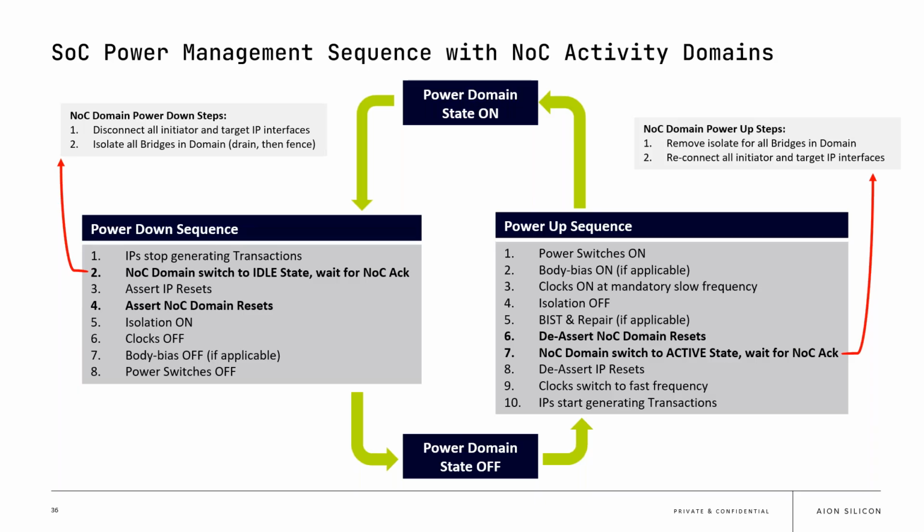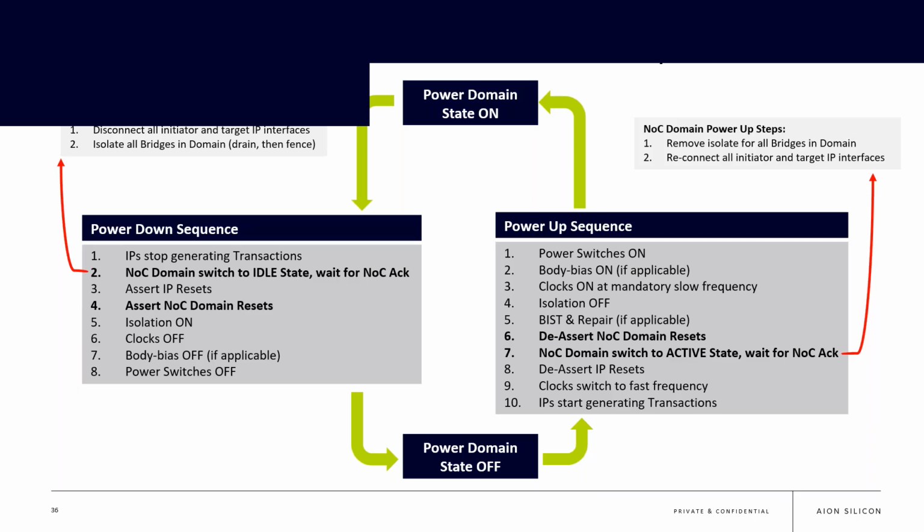In the other direction, going from power domain off to on, you're doing the opposite with the power up sequence. Similarly, the NoC reset is deasserted first, and then the IP interfaces are reconnected, and then the rest of the power up sequence carries on until step 10, where IPs can then start generating new transactions.